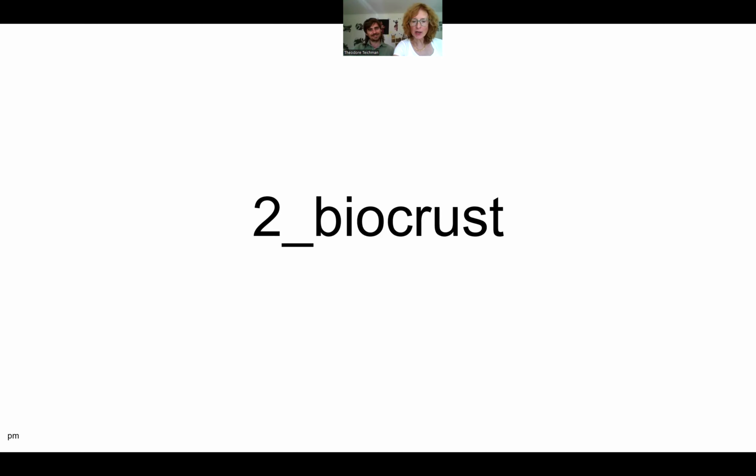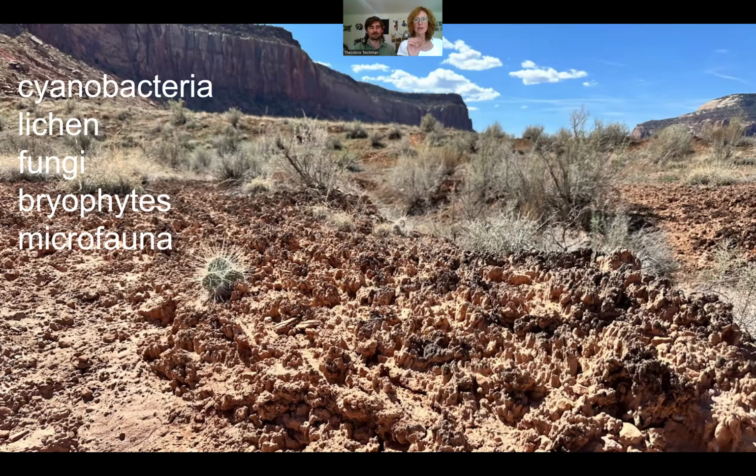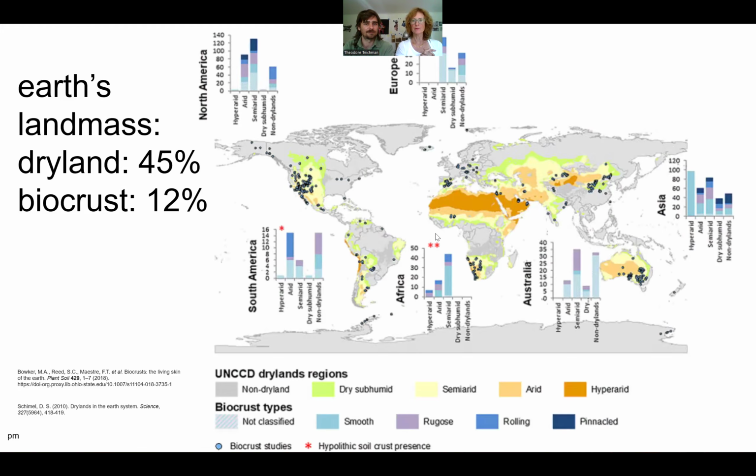So what is biocrust, right? Biocrust is formed by cyanobacteria that hold the mineral particles together, lichen, fungi, bryophytes, and microfauna. We'll find them in drylands, in desert-like environments, which take on 45% of the Earth's landmass. 12% of that is biocrust.